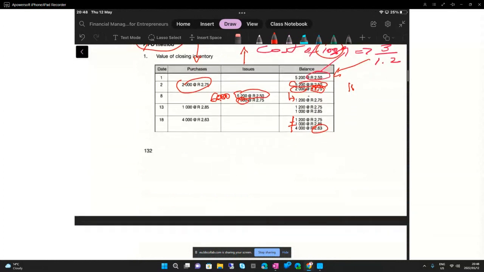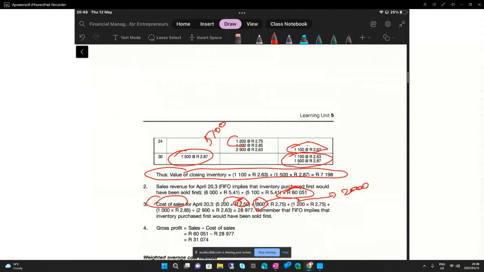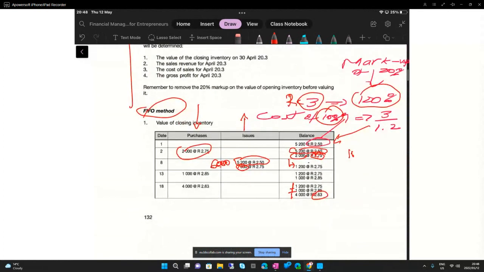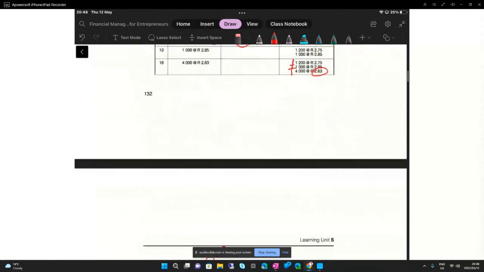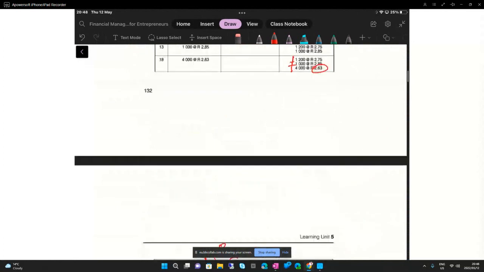I don't know why they had to split it up in two. Perhaps it is when they were doing the calculation of the issuing. But as you can see, these two, if you combine them together, is the 2,000, right?